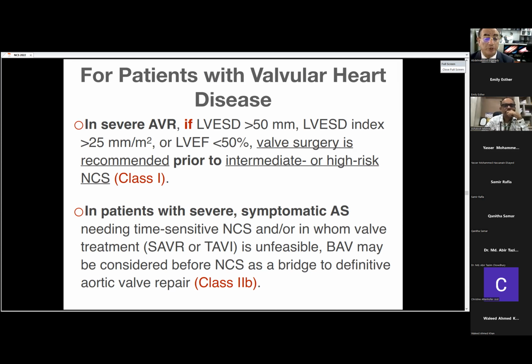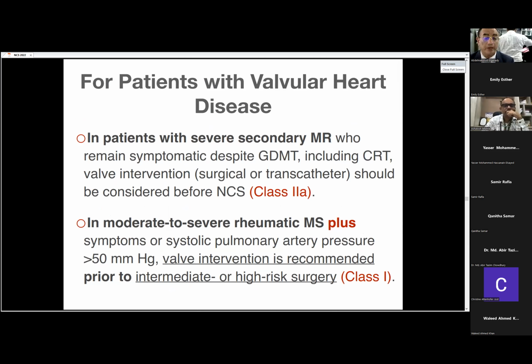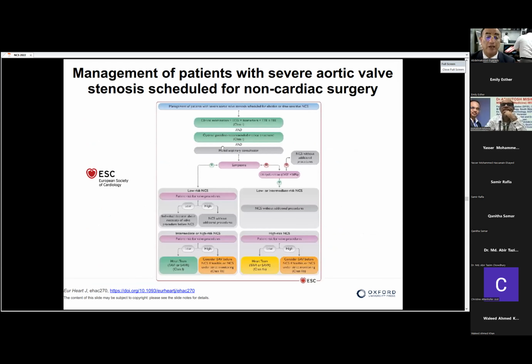This is clear from the guideline as regards the management of severe valvular lesions before non-cardiac surgery. To make it simple, for severe symptomatic aortic stenosis, aortic regurgitation, mitral stenosis, or mitral regurgitation, for elective non-cardiac surgery, treat the valvular lesion before the procedure.